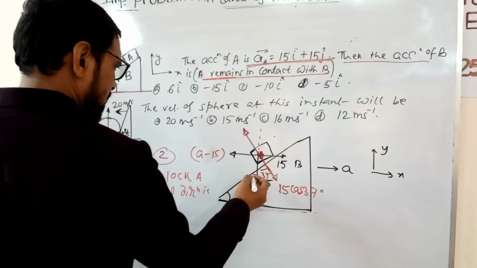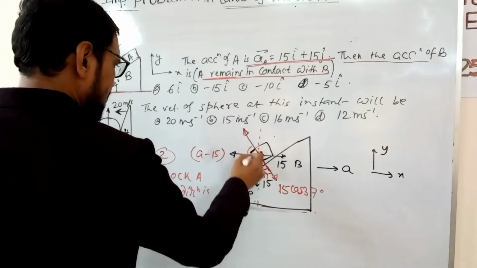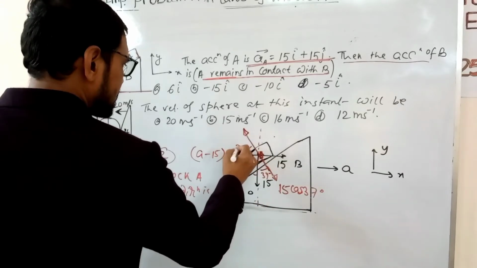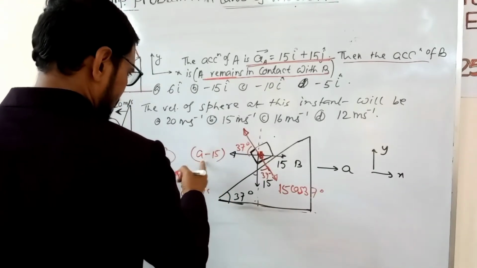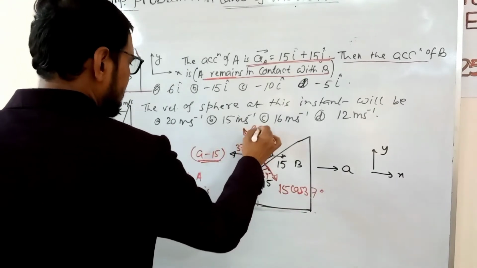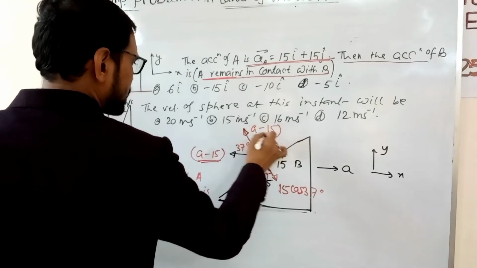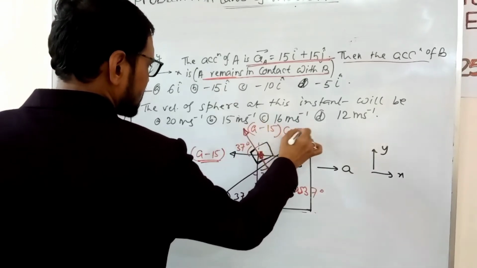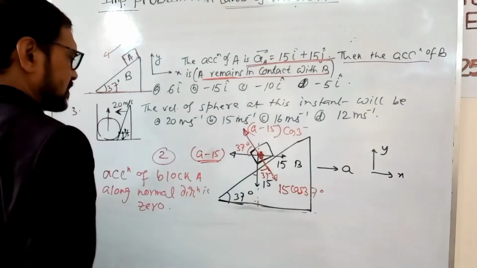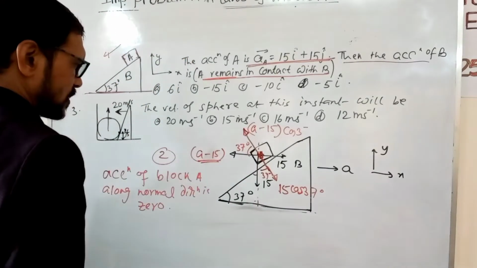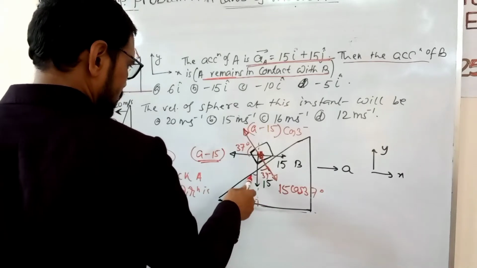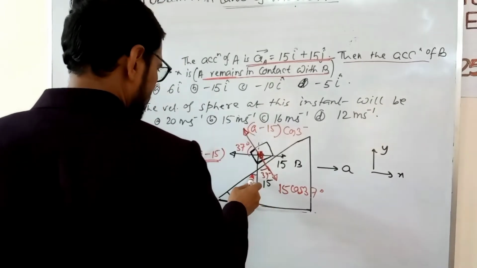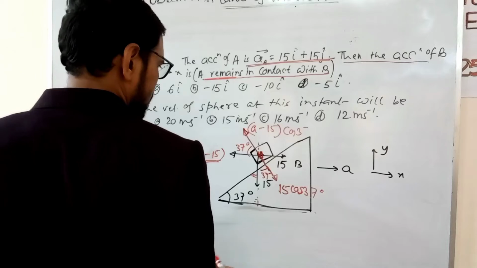Now this is 37 inverse. This angle is 37 degrees. So the component of this along this is A minus 15 cos 37. This is 53, so 53, 37, 15 cos 37.